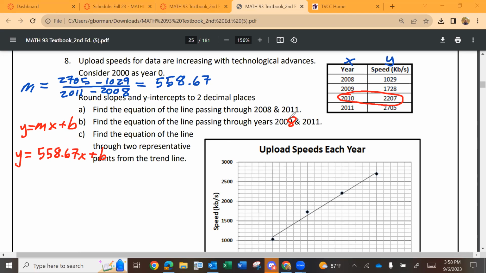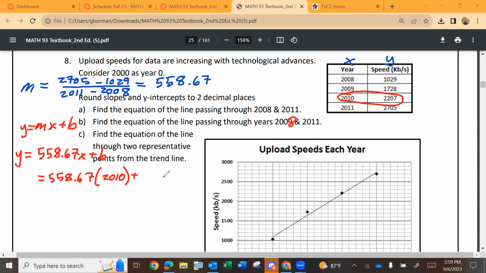So to figure out what b is, I am going to plug in 2010 for x.